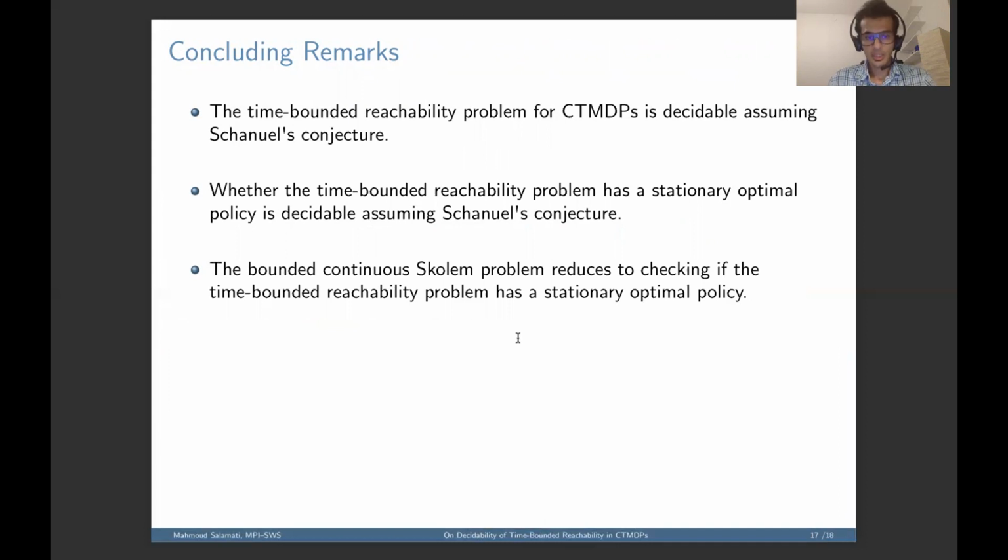Second, we showed that whether the time-bounded reachability problem has a stationary optimal policy is decidable subject to Schanuel's conjecture. And furthermore, we show that this latter problem is Skolem hard, and therefore it's not likely to be decided unconditionally.